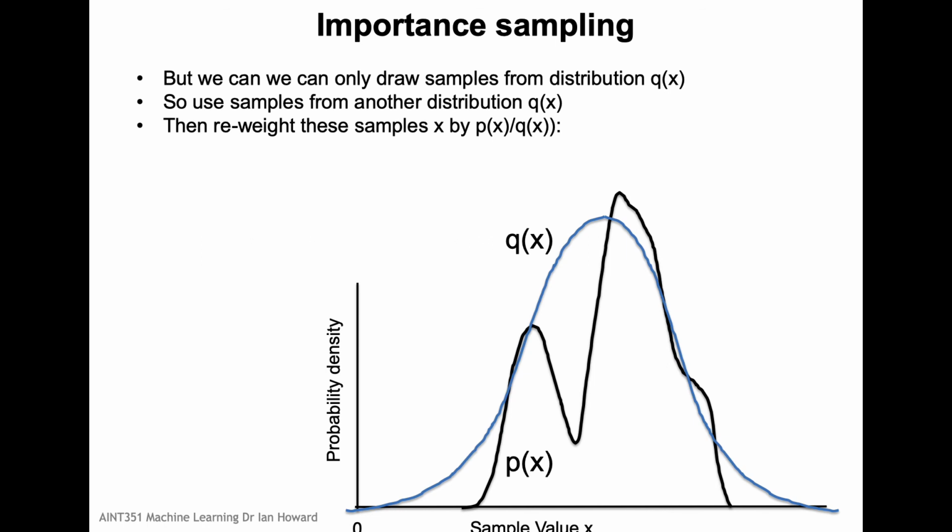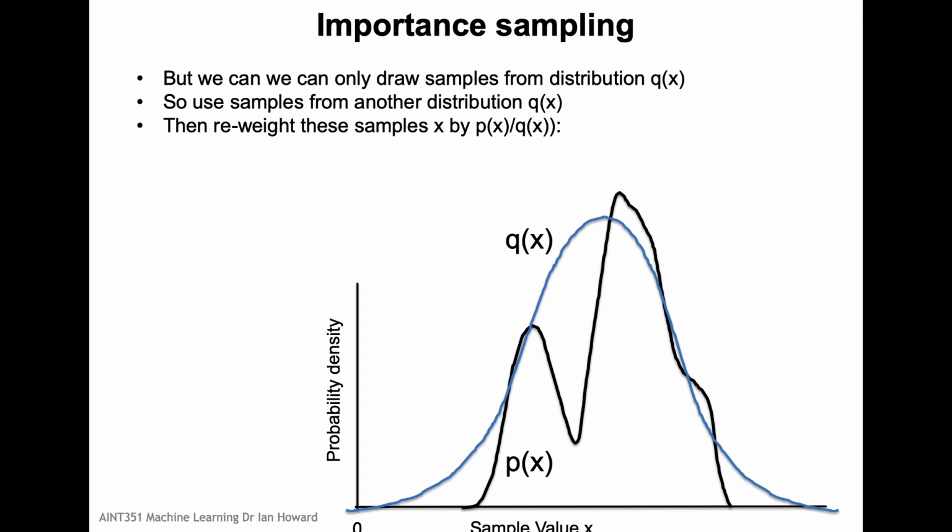Rather than throwing samples away with a probability relating to the ratio of the probability of the actual target to the probability of the scaled distribution we can actually sample from, we re-weight the values of the samples by this ratio p(x) over q(x).